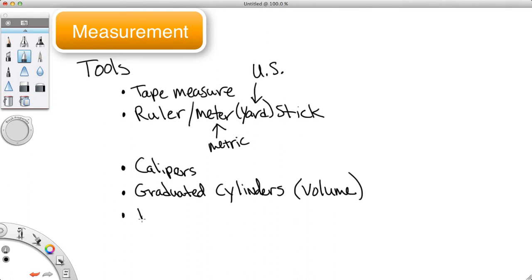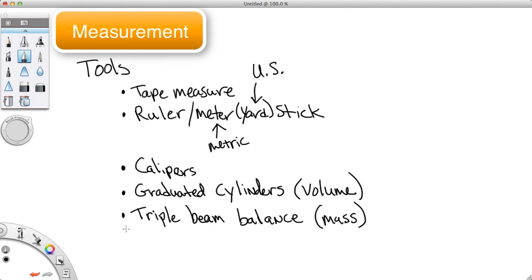We have triple beam balance, and that helps measure mass. Okay, the mass of an object, how much matter is in an object.